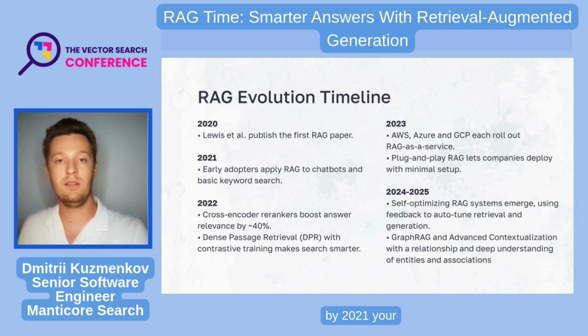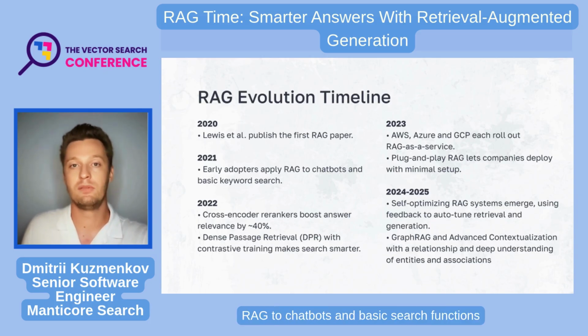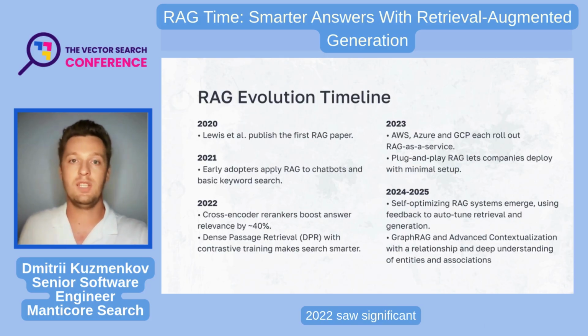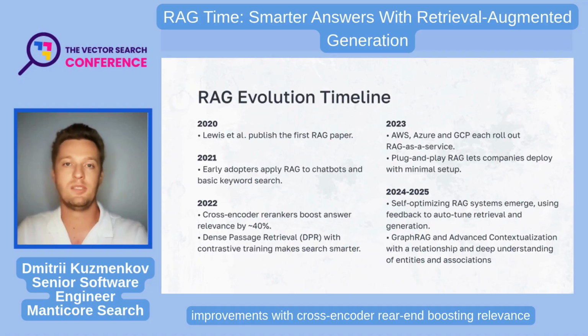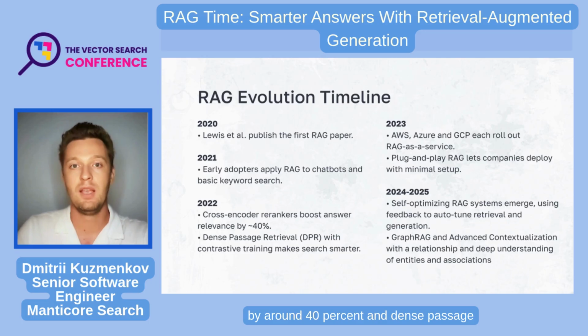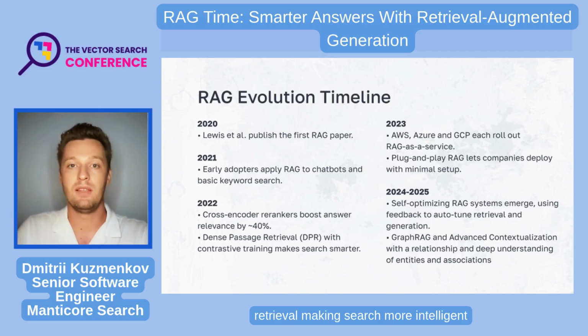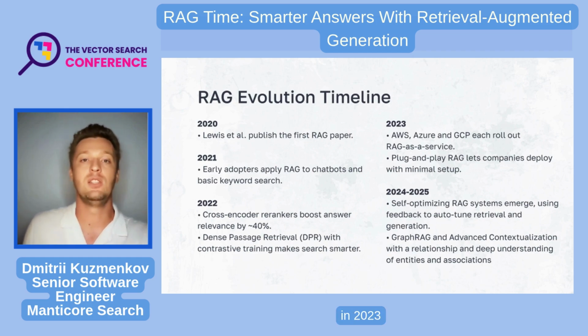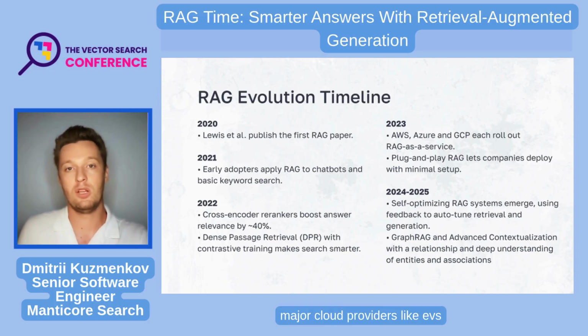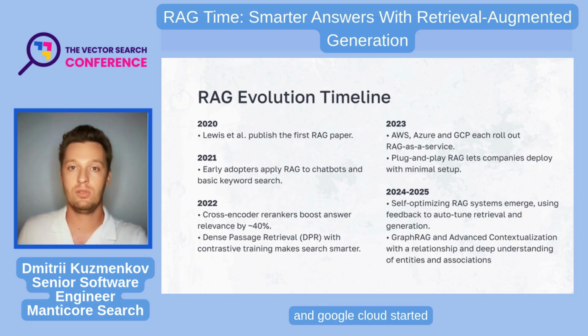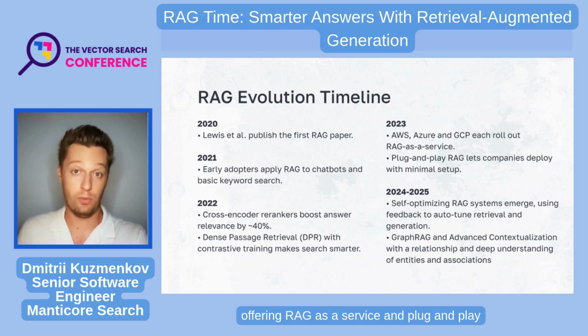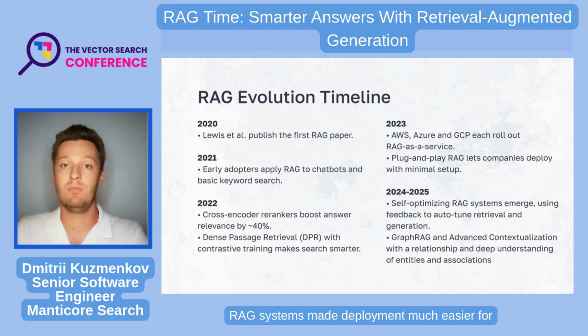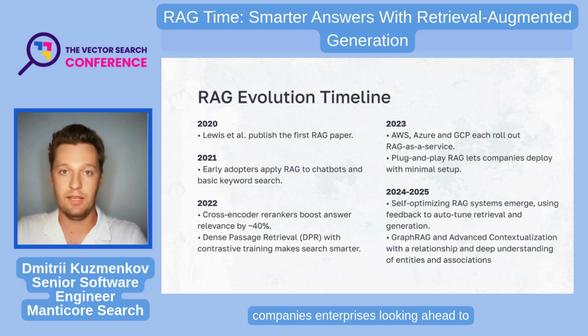By 2021, early adopters were already applying RAG to chatbots and basic search functions. 2022 saw significant improvements with cross-encoder re-rankers boosting relevance by around 40% and dense passage retrieval, making search more intelligent through contrastive training. In 2023, major cloud providers like AWS, Azure, and Google Cloud started offering RAG as a service, and plug-and-play RAG systems made deployment much easier for companies and enterprises.